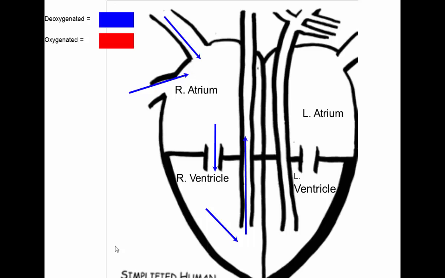Now, we need to know a couple terms. You know what CPR is, right? What does it stand for? Cardio meaning what? Heart. It means heart. Do you know the second word, the P? Starts with a P. Respiratory?